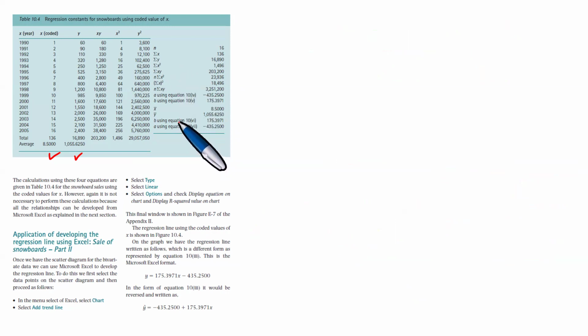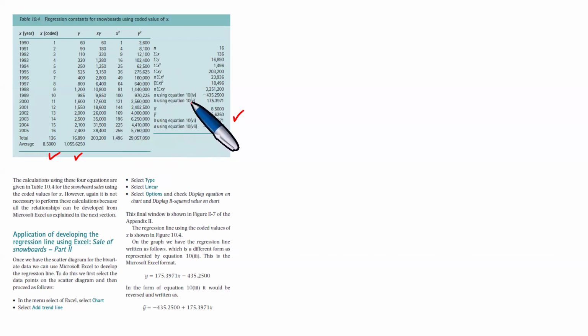So we're going to use both equations. Now, n is 16, the number of all the coded x values. And then we have the sum of the x's, the sum of the y's, and the sum of the x squareds.